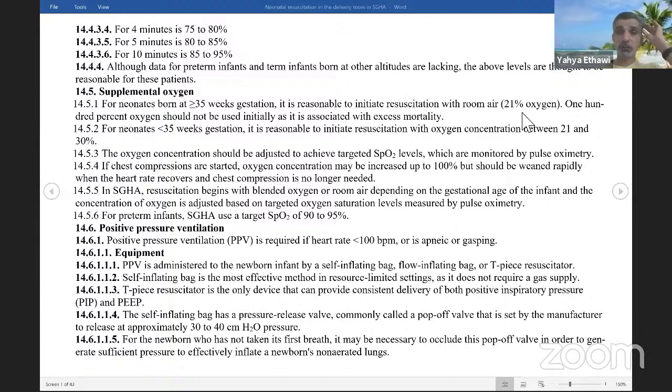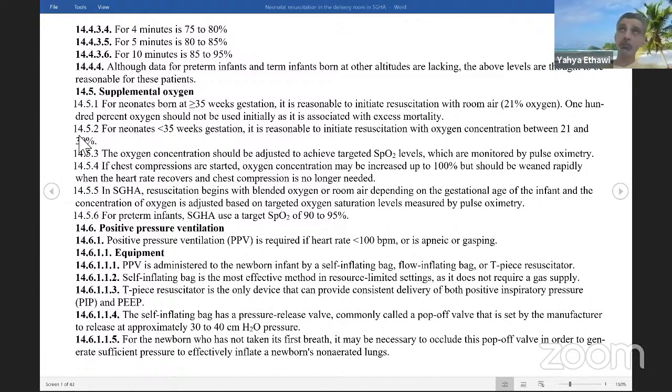If you give flow, start with room air. If the baby is less than 35 weeks, start somewhere between 21 and 30%. The lower the gestation, the closer you go to a maximum of 30%. Then, according to the target saturation on pulse oximetry, you decide to increase or decrease.